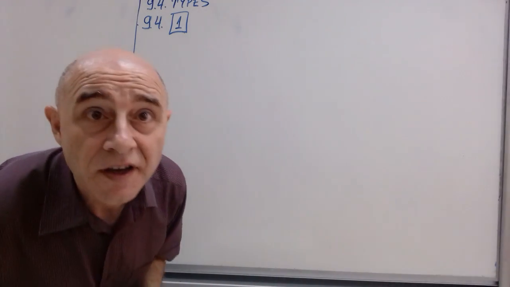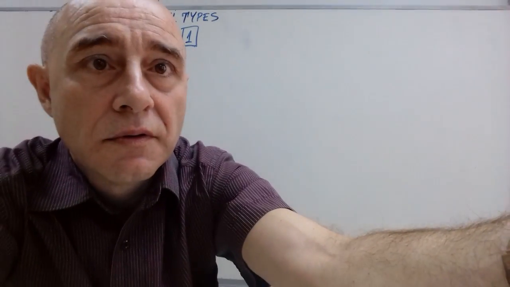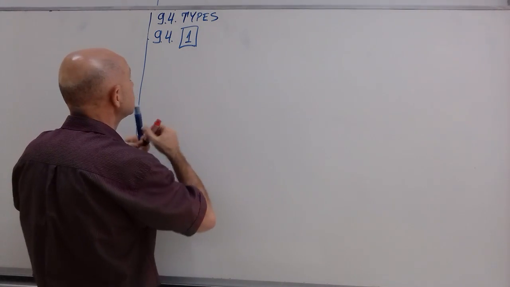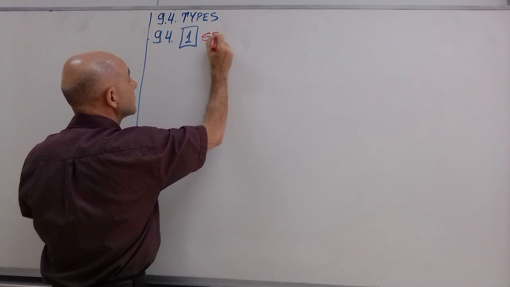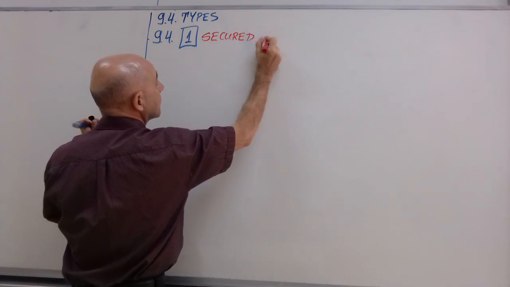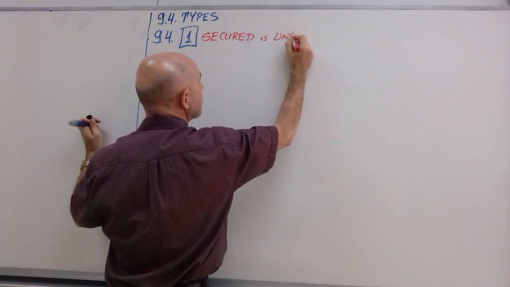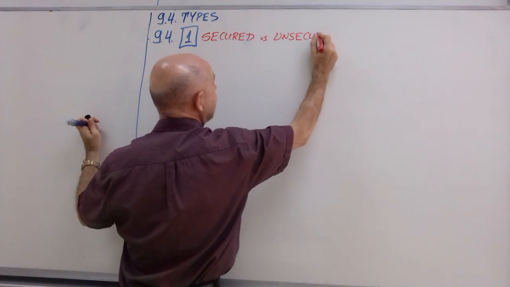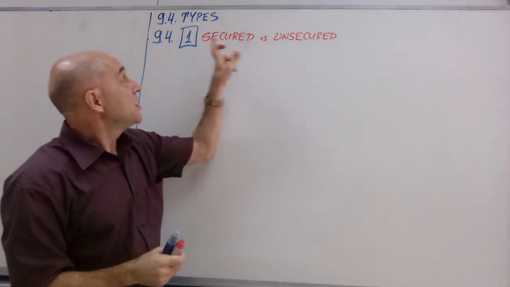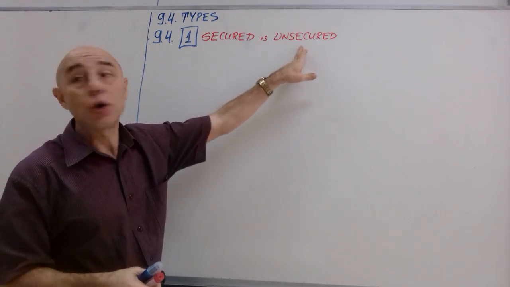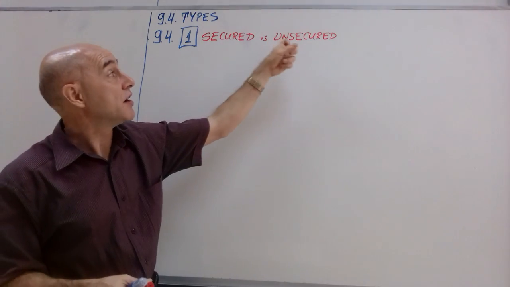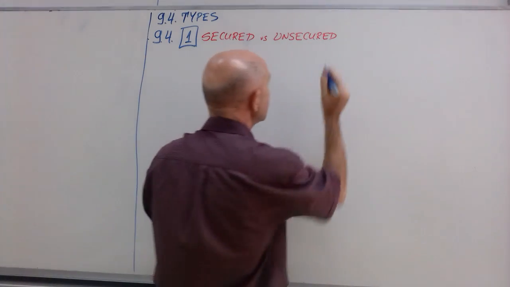I already covered. All right. Secure. Is there a collateral or no collateral? If there is, we call it secured. If there's no, call it unsecured.